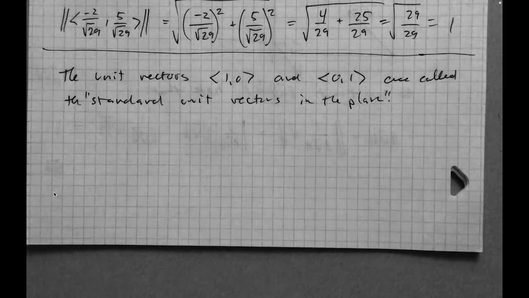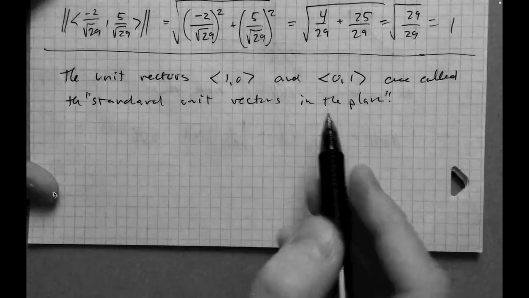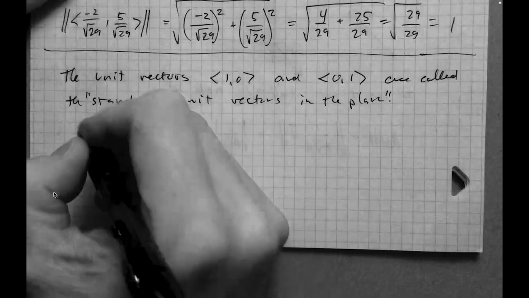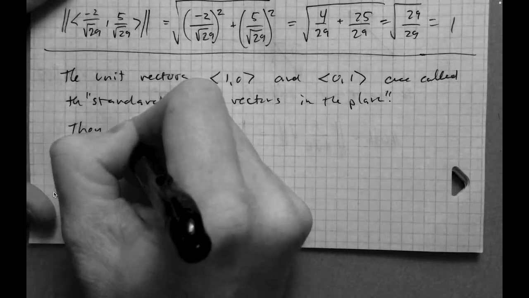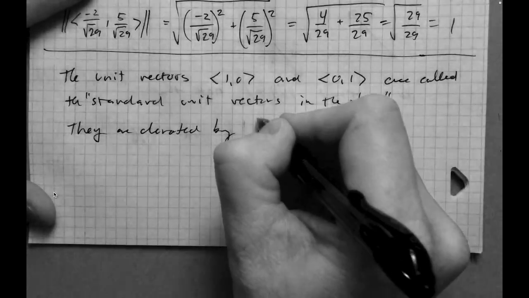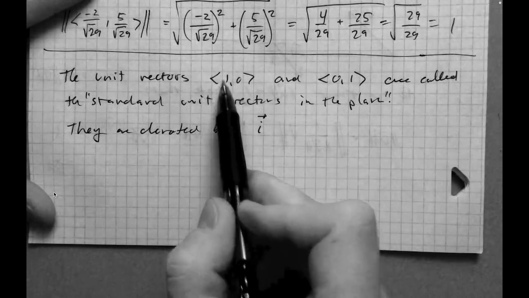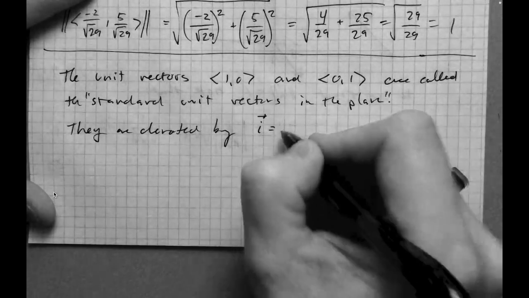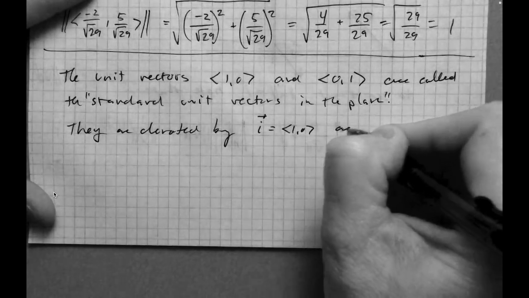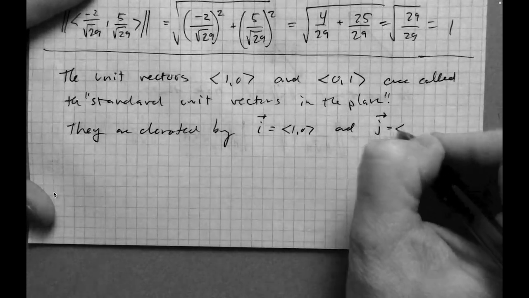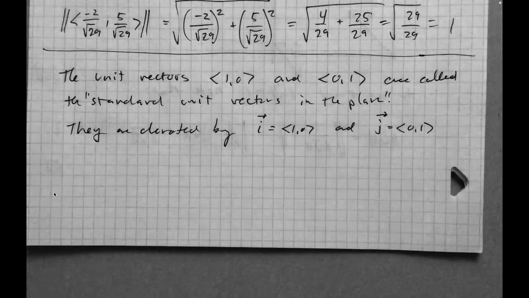Now, these vectors are used so often that they have their own notation to some extent. It's more of a convention. The first unit vector, the 1, 0, is denoted with an i, and the second one is denoted with a j.